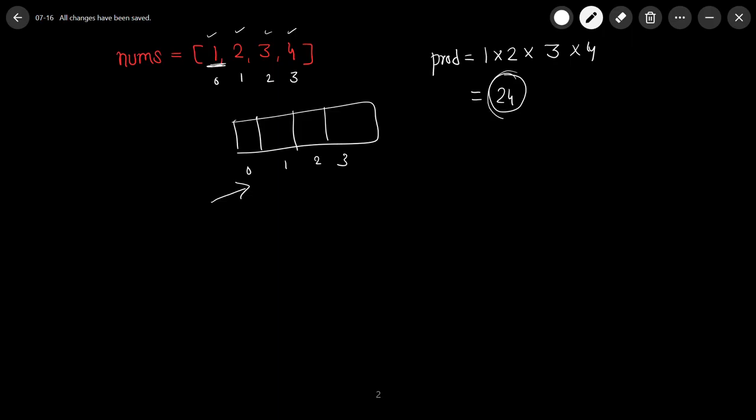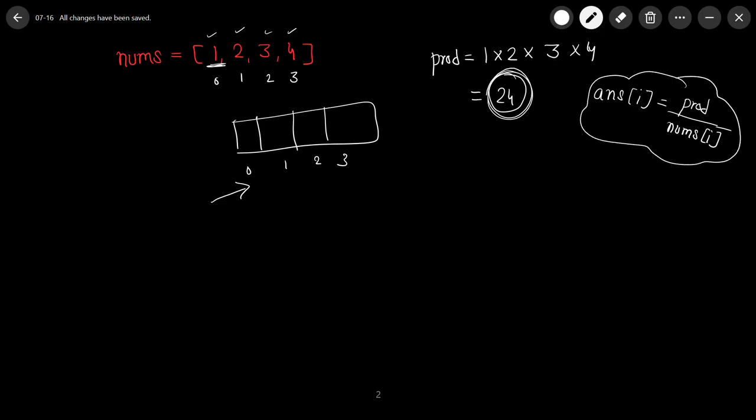The product of everything we already have. So in generic terms, answer of i would be the product of everything we already have divided by the current element, because we need to exclude this. This is what we would use to fill our answer array.